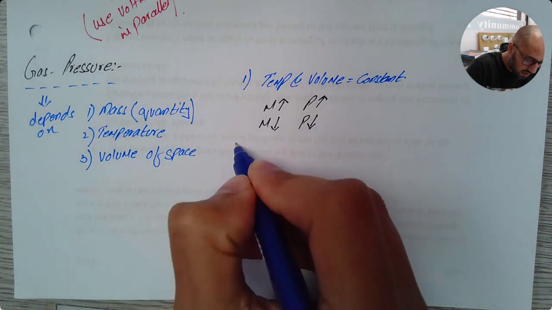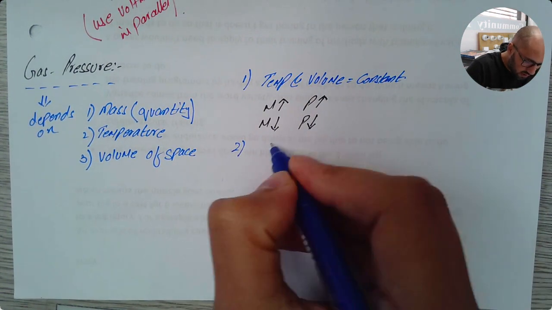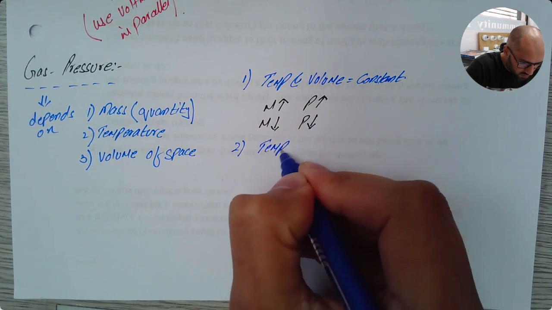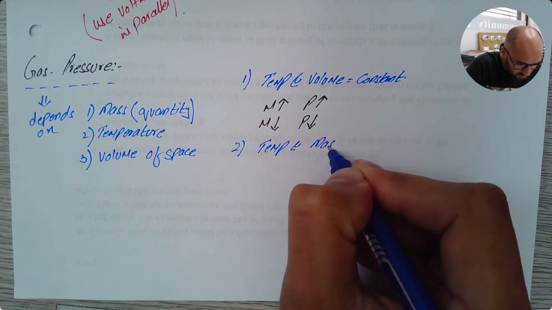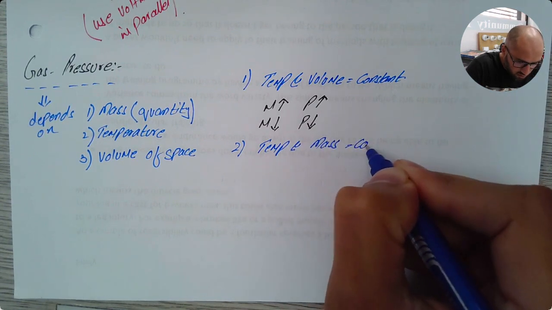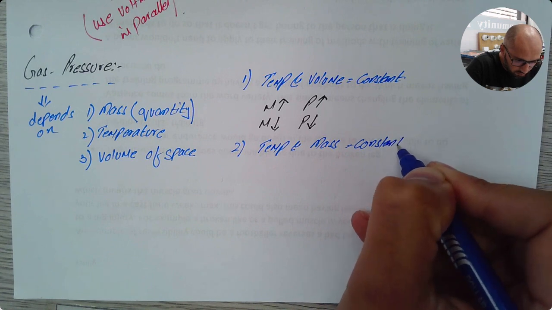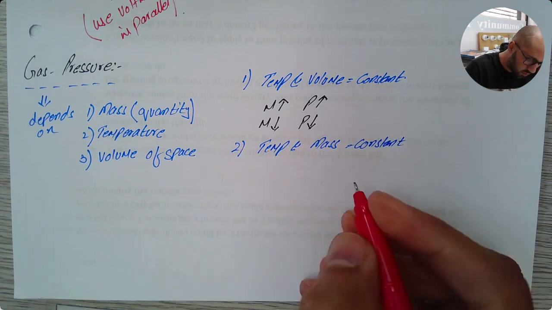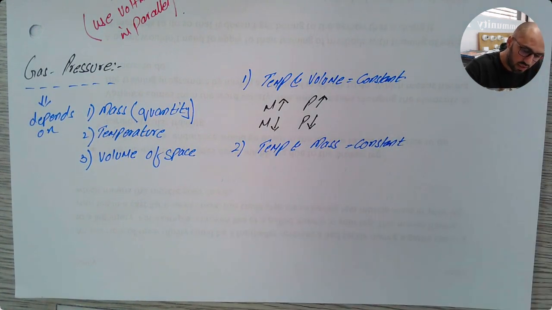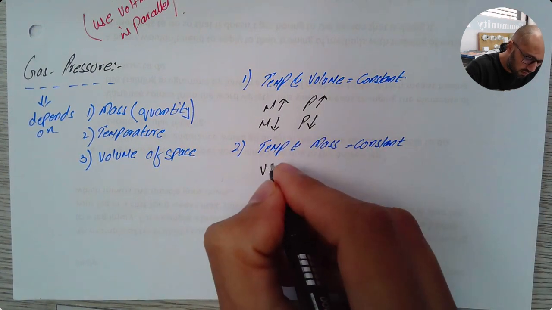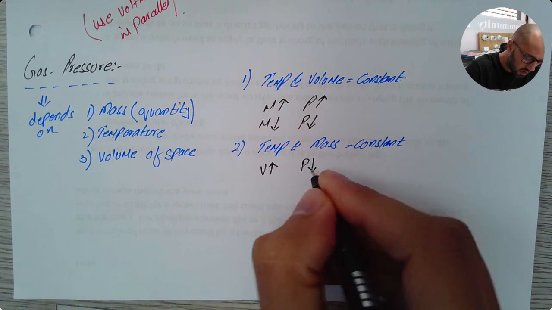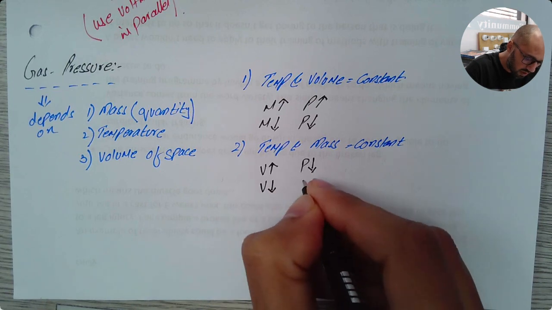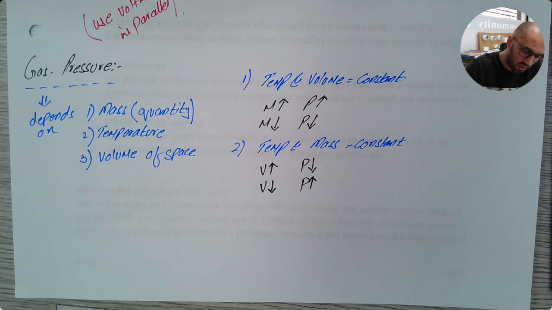For the second case, I can say my temperature and mass will be constant. This means I'm not going to change them. What I will change in this case will be the volume. So if I increase volume, my pressure will decrease.